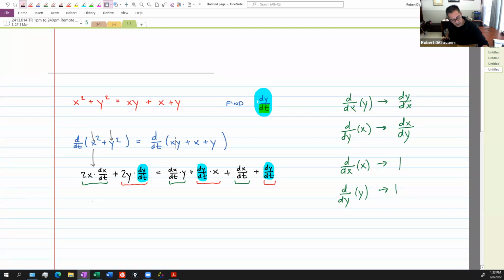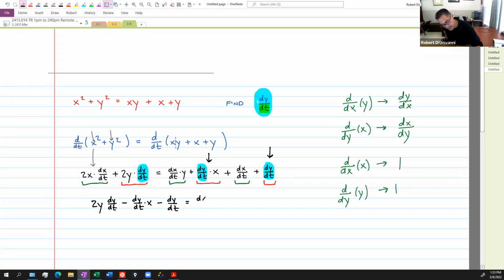So now we're playing that same game. I'm going to have 2y dy dt minus dy dt times x. That was this one, moved over, and then minus dy dt. That was this one, moved over, now it's negative. Equals, on the right-hand side, I have all the green ones.